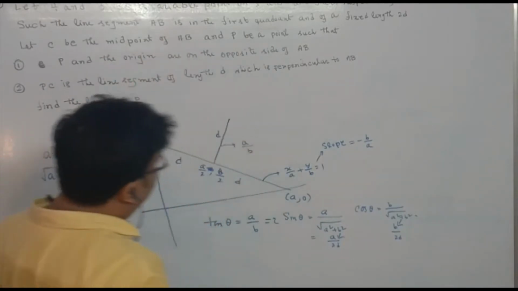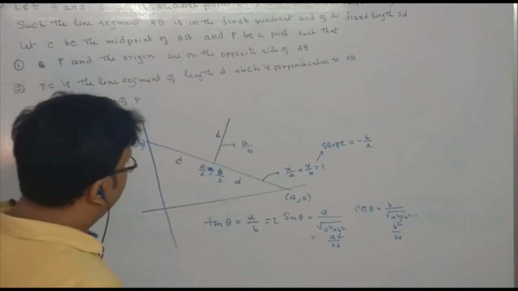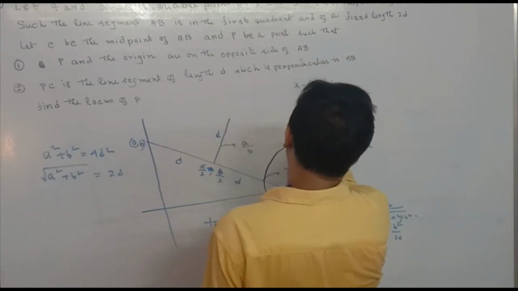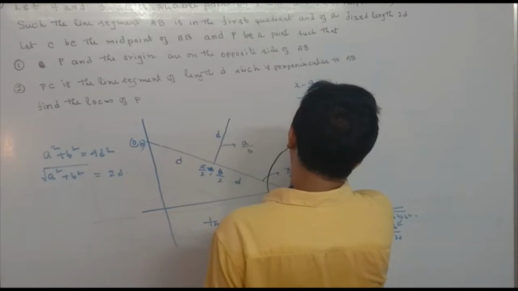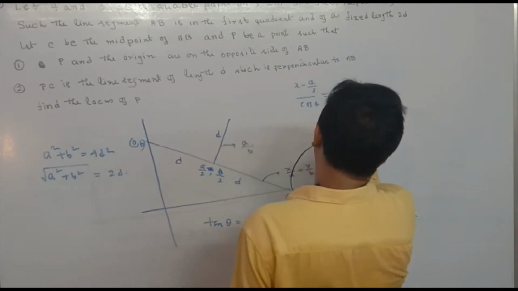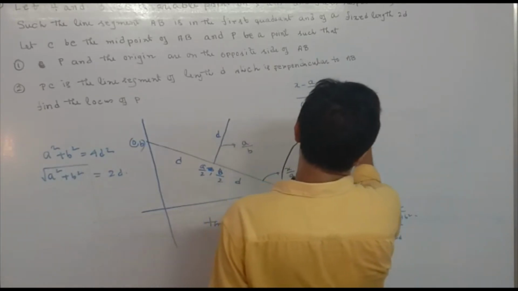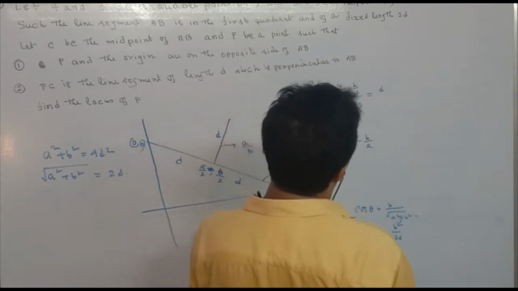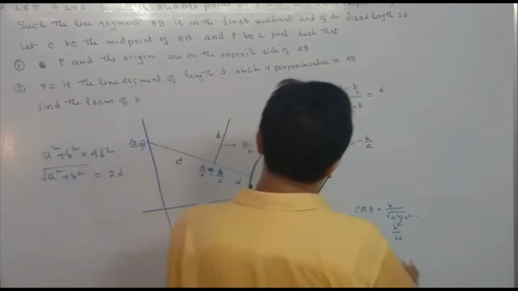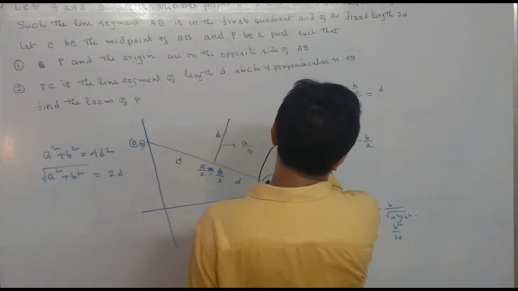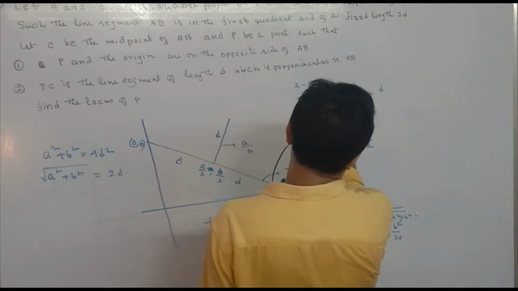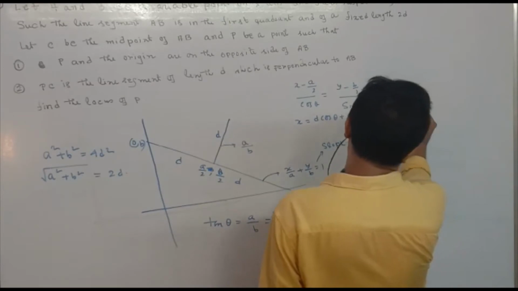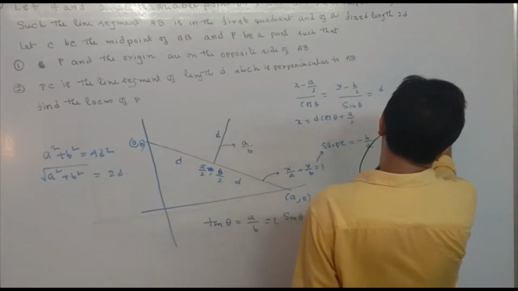Now, if I apply the parametric rule of straight line here, we know that x minus a by 2 by cos theta equals y minus b by 2 by sin theta equals D. Within the parametric relationship, we get x equals D cos theta plus a by 2 and y equals D sin theta plus b by 2.